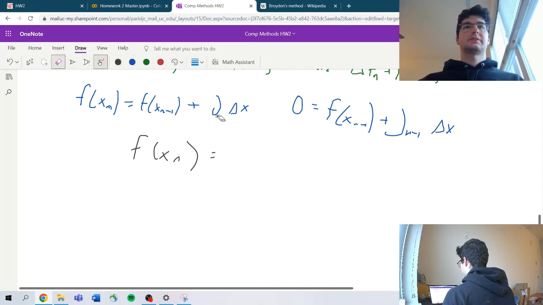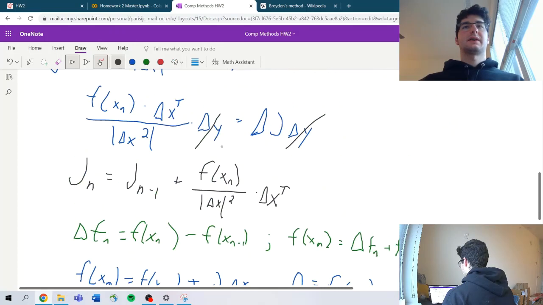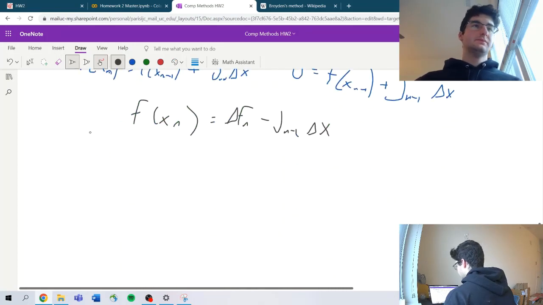Excuse me, this should be n minus 1. So this comes out to delta f at n minus j n minus 1 delta x. And then we substitute this in for that, up here.